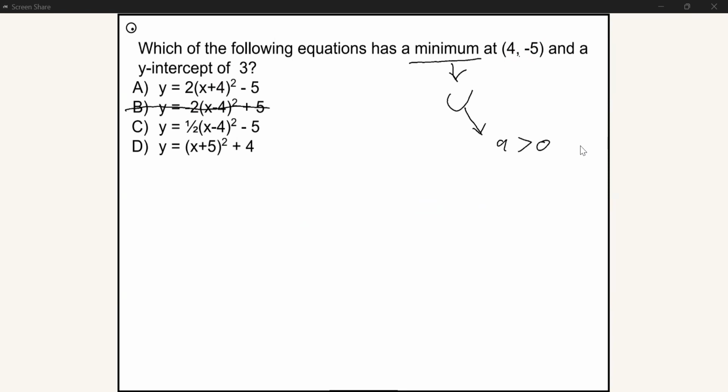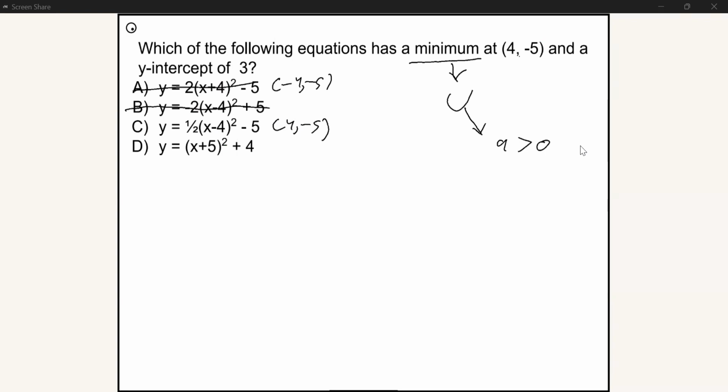So this would have -4, -5. So no thank you to A. This one has 4, -5. Okay, C works.